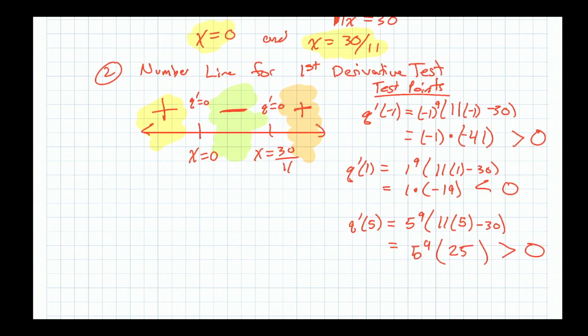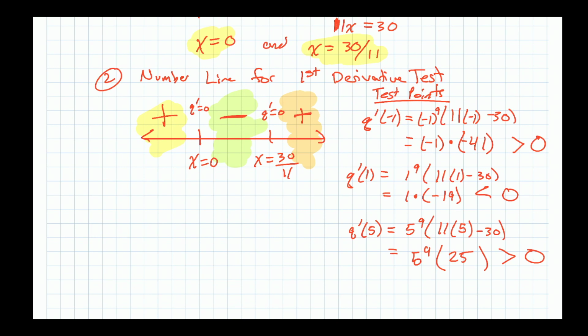And let's think about it. Remember, when the derivative is positive, the function's going up. And when the derivative is negative, the function's going down. And when the derivative is positive, the function's going up again. So which one of these is a maximum?